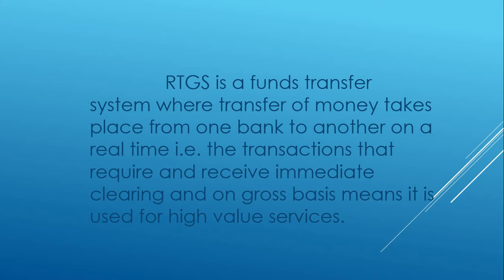Gross means a large amount of money has to be transferred. At that time, RTGS is ideal. So the minimum limit for RTGS is 2 lakh rupees, and there is no upper limit for transfer of money through RTGS.